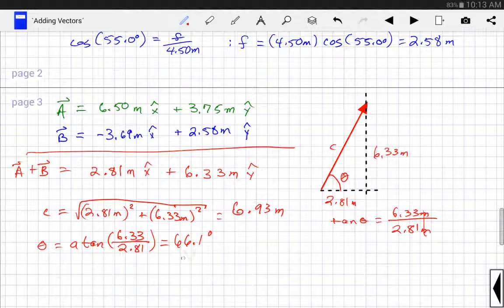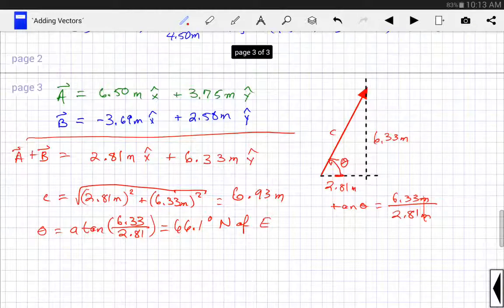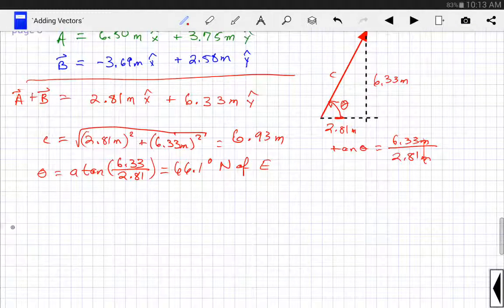Now, what was my reference point? I was measuring from east going north, so that's going to be north of east. So for my final answer then, I can write A plus B equals 2.81 meters.